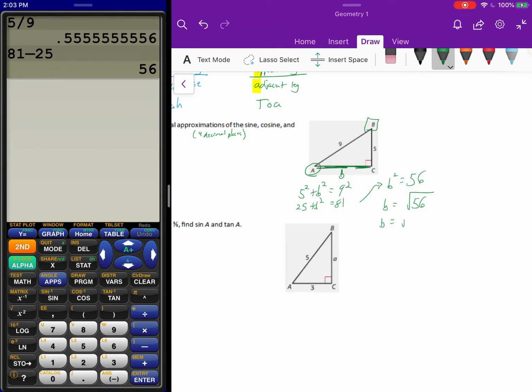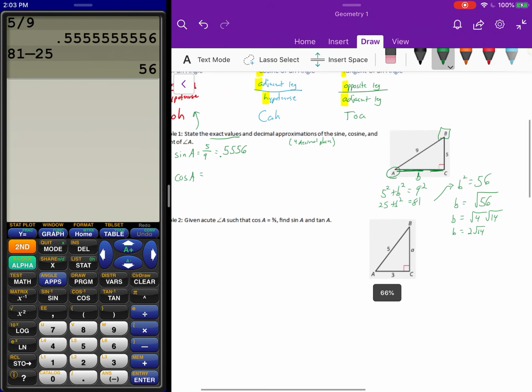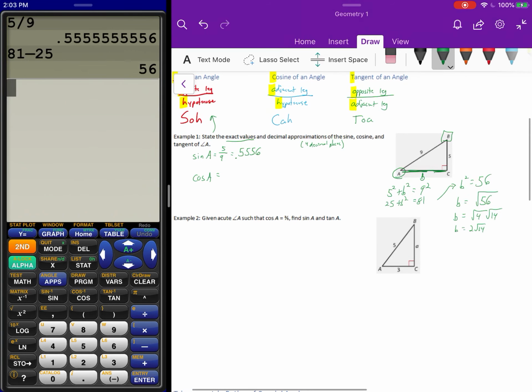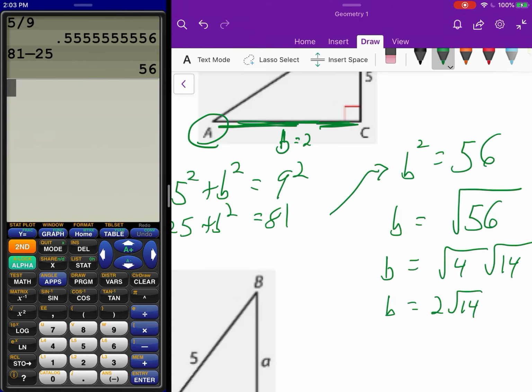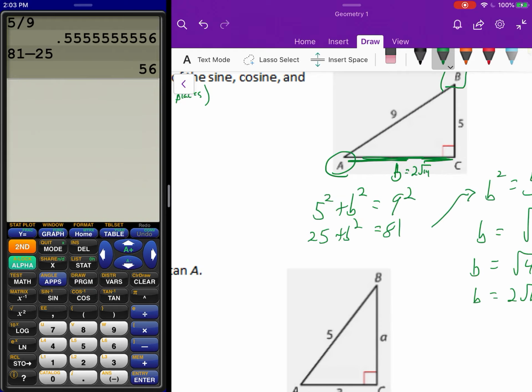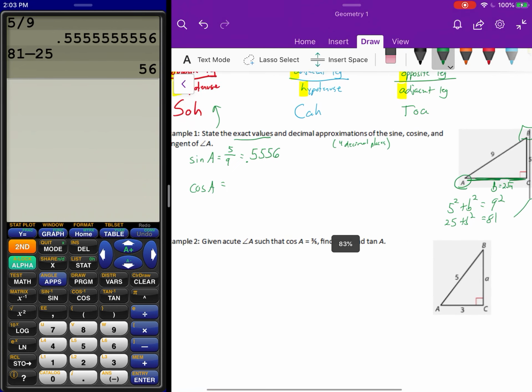And this can be simplified into the square root of 4 times the square root of 14, which is 2 root 14. And I know not all of you are up on that, so if you need to for now, you can leave it as square root of 56. But now we know b is 2 root 14, two times the square root of 14.